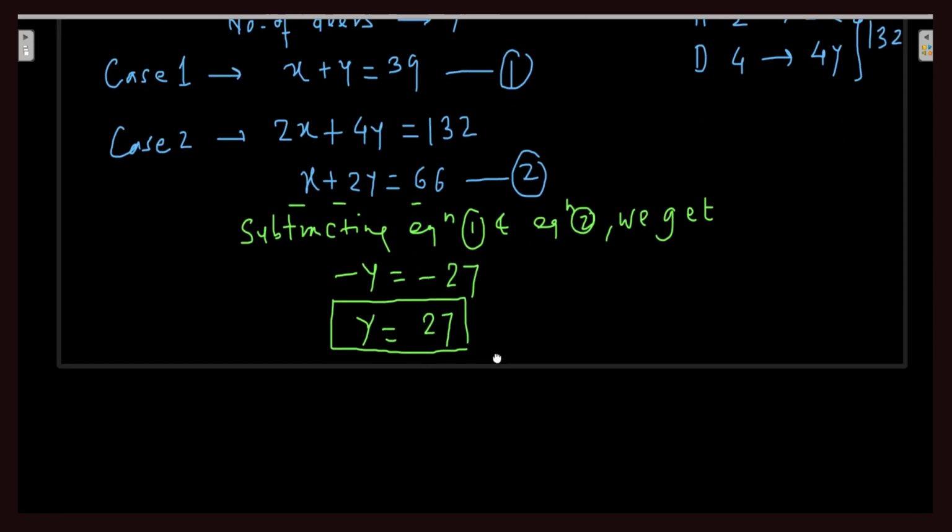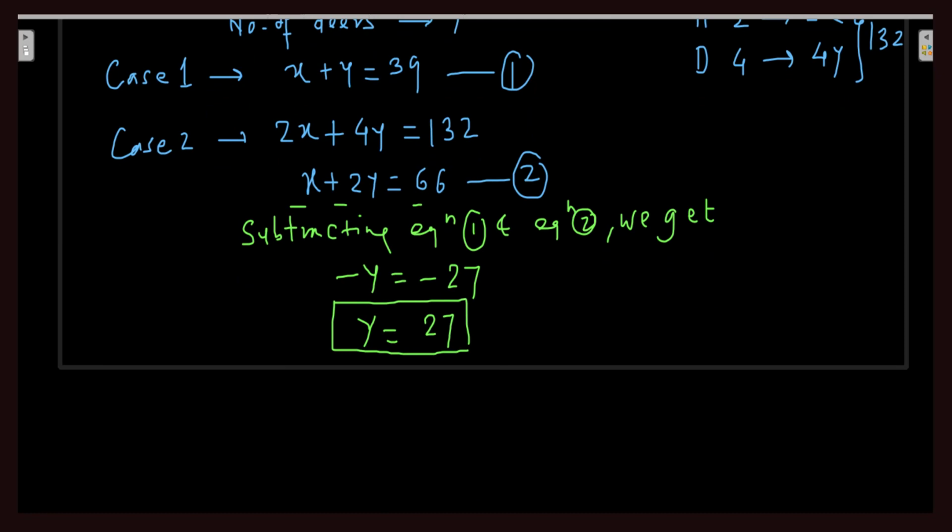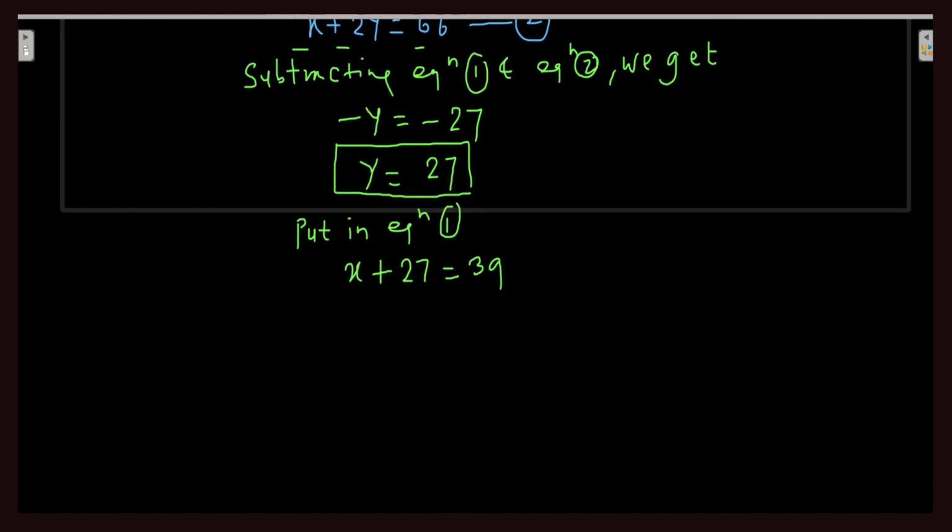Now here you have got the value of y as 27. Put this value of y in equation number 1 to get the value of x. So put in equation 1 the value of y, which is 27. So x plus 27 is equal to 39, and therefore take 27 to the other side and you will get x is equal to 39 minus 27, and 39 minus 27 will be 12.